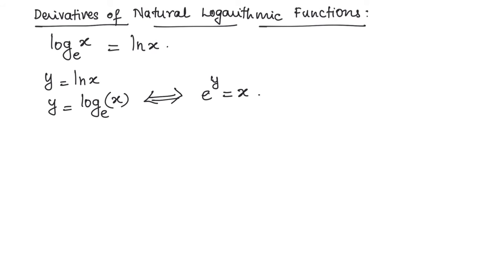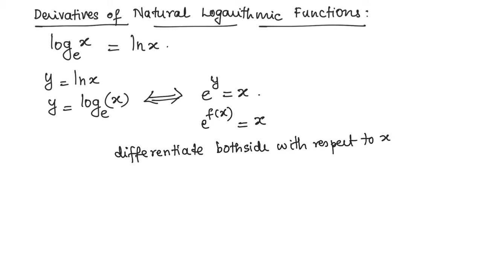Since it is a function of x, instead of writing e power y, I can write e power f of x equal x. Now differentiate both sides with respect to x. So I can write d over dx e power f of x equal derivative of x.